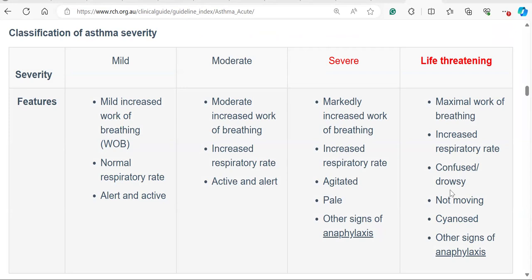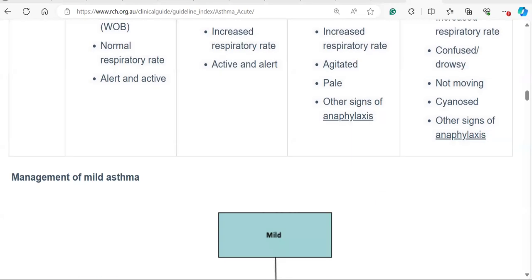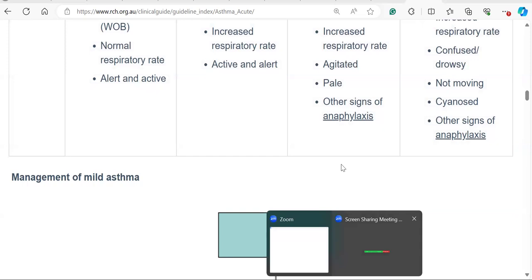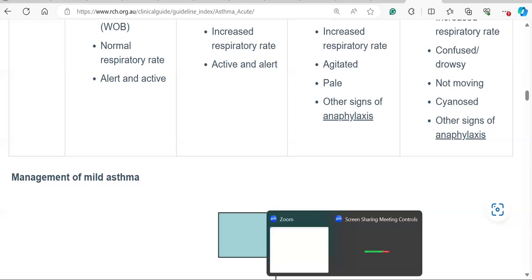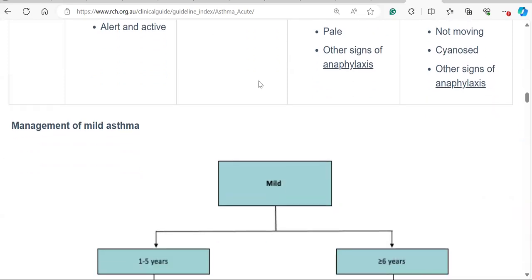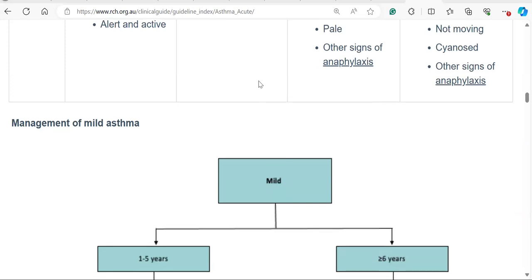If the child is confused, drowsy, cyanosed, pale, agitated, these are very severe. If it is a severe asthma attack, you start the child with both salbutamol and ipratropium at the same time. If it is not, then you just start with salbutamol, and along with that you can use a steroid. That's what they say here. So you need to find out from the question what type of asthma attack it is.